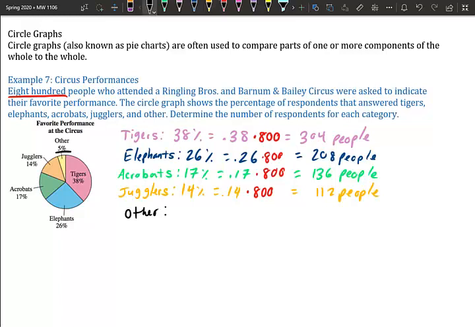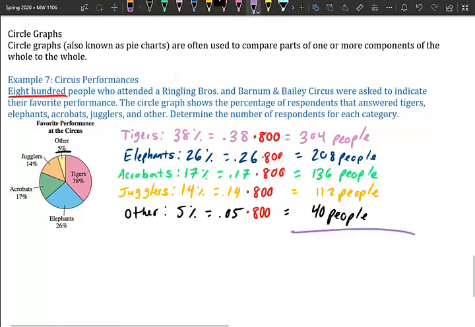And then other, we have 5%, which is 0.05, so 0.05 of 800 people, and that is 40 people liked something other. You should always add up your values to make sure you didn't mess up anywhere, and it is 800. Cool. So how many people is actually the answer? So 304 people like tigers, 208 people like elephants, and so on.